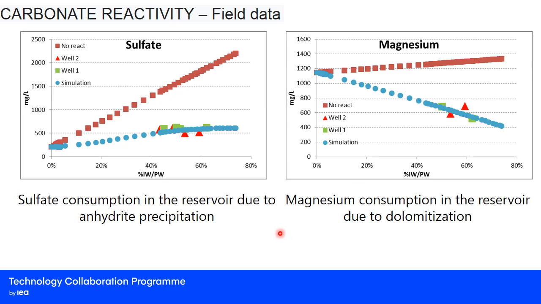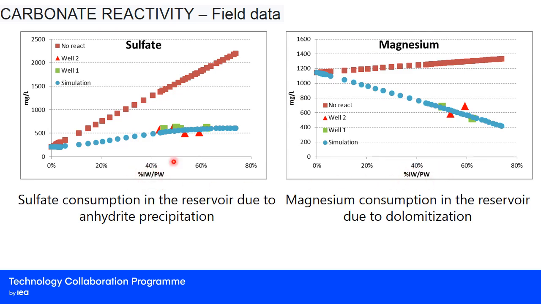To validate the models for seawater injection, we have some field data for 2 wells in a reservoir where seawater has been injected. This is a high temperature reservoir, so the results are very good. Here we have the sulfate and magnesium in milligrams per liter as a function of injected water in the produced water.